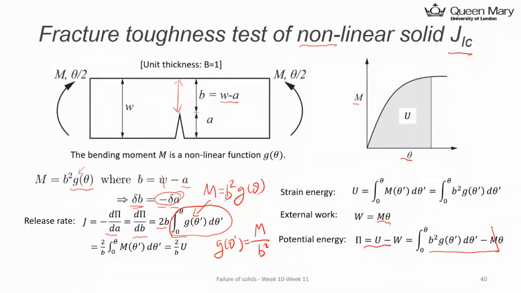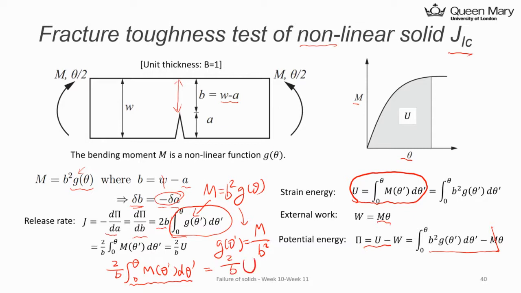Rearrange that equation to here, and you substitute that, so it becomes 2b, this one, and I change that to M dtheta. Interestingly, this is exactly the strain energy you derived, right? So this part can be substituted by the strain energy. So J is simplified. J equal to 2 over b times the strain energy.